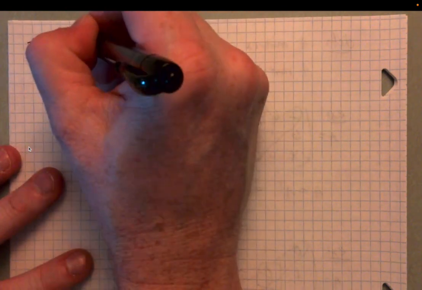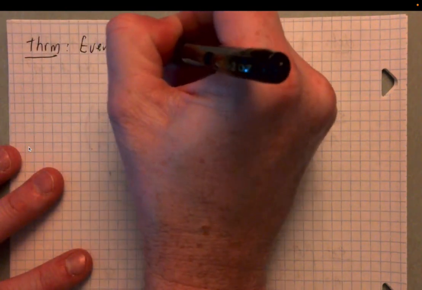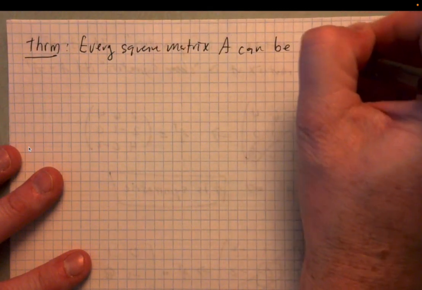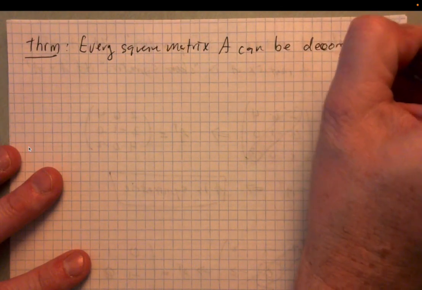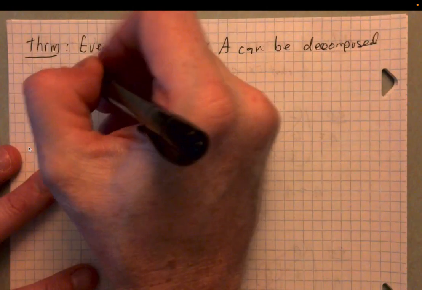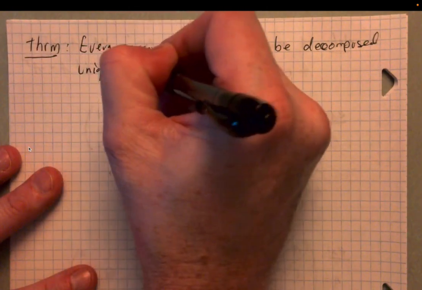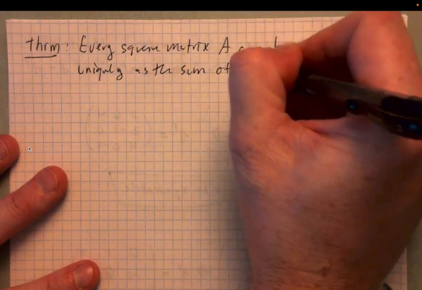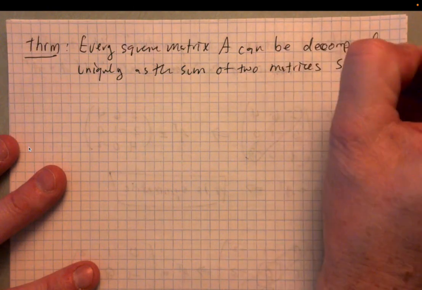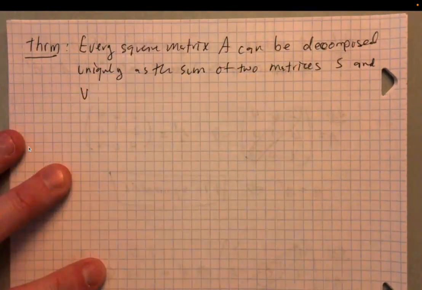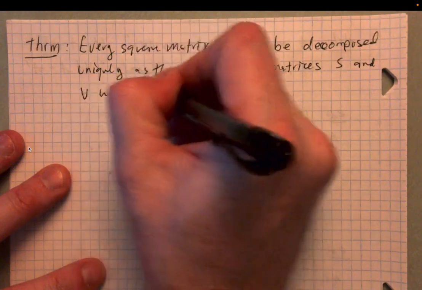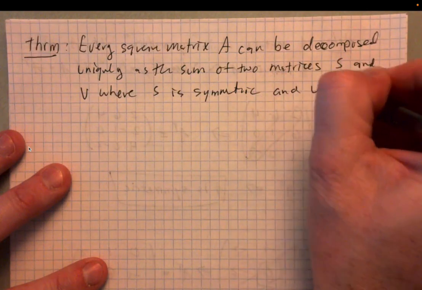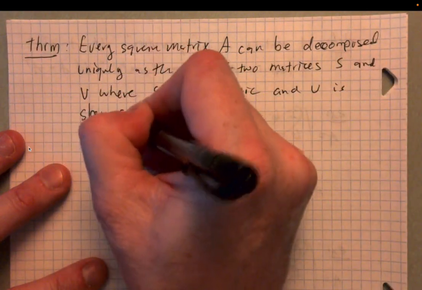So every square matrix A can be decomposed uniquely as the sum of two matrices S and V, where S is symmetric and V is skew symmetric.